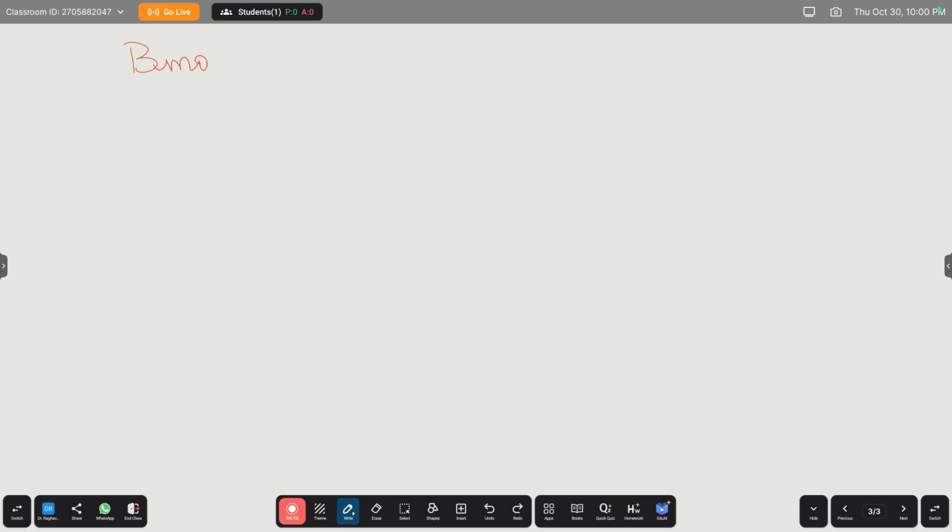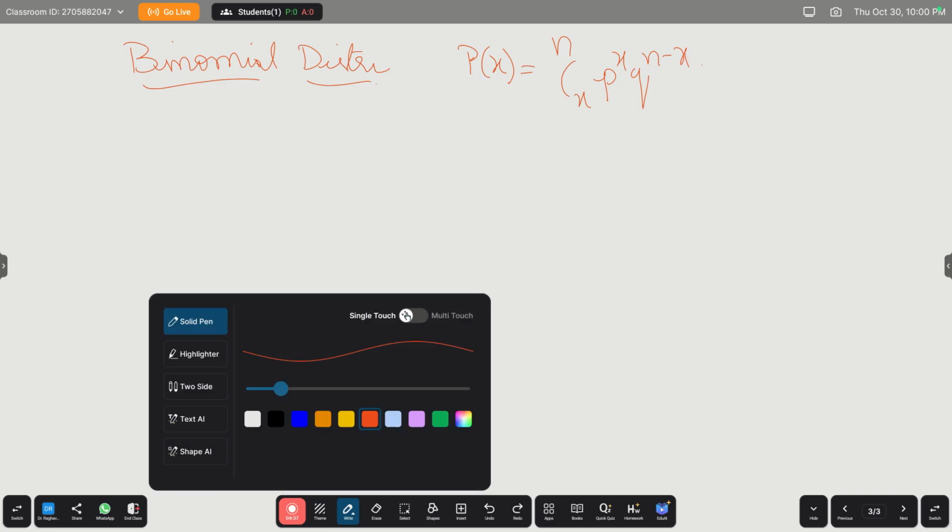For binomial distribution we know that p of x is nCx p power x q power n minus x. Our first job is to prove that the mean of binomial distribution will be n into p.